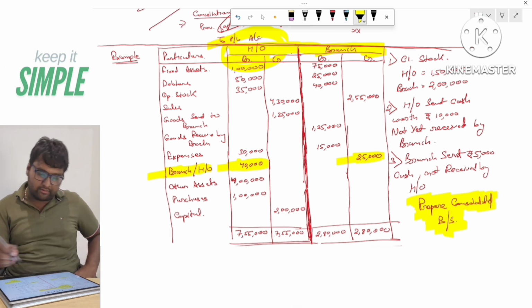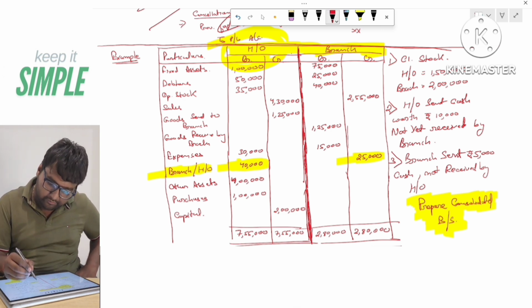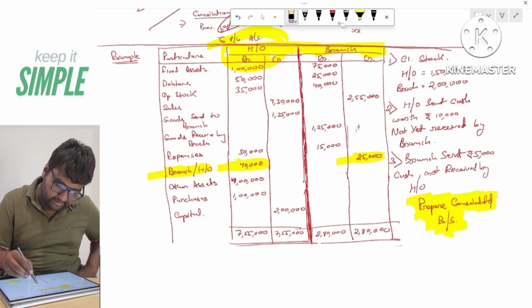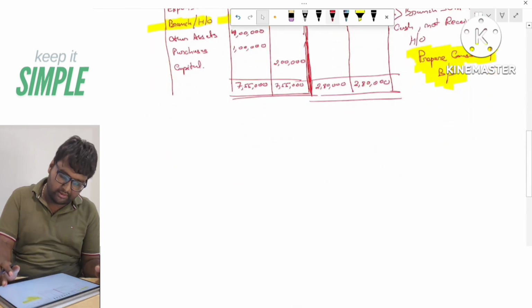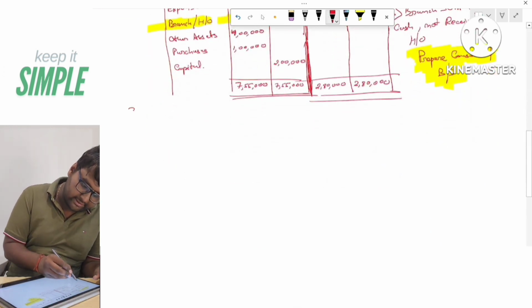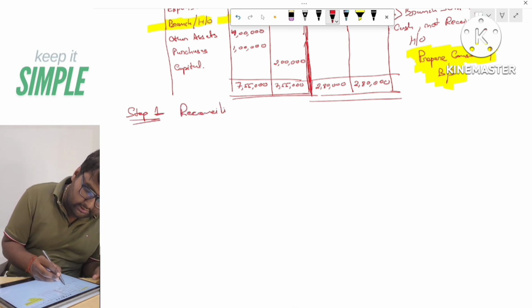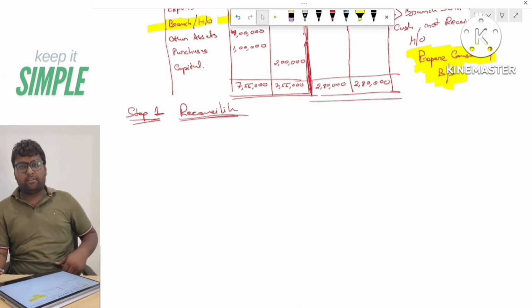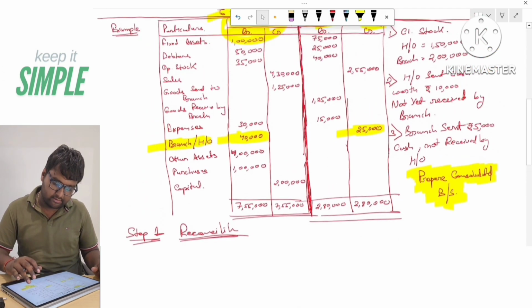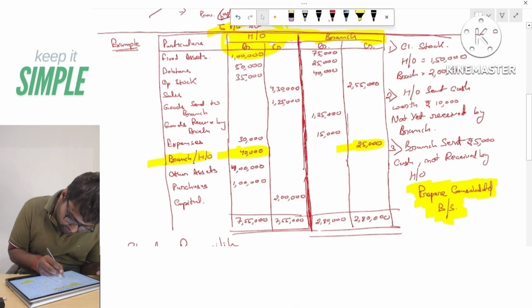So we got our first problem, that is, we have to do the reconciliation. Step 1. How will we do the reconciliation? See, there's a difference of 15,000. We have to identify that difference.